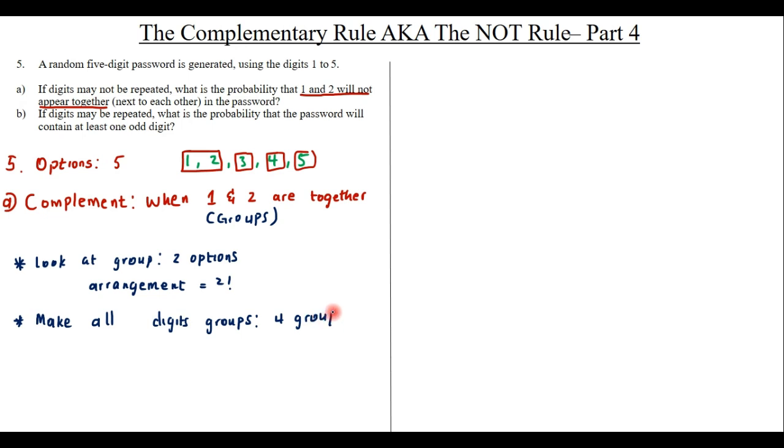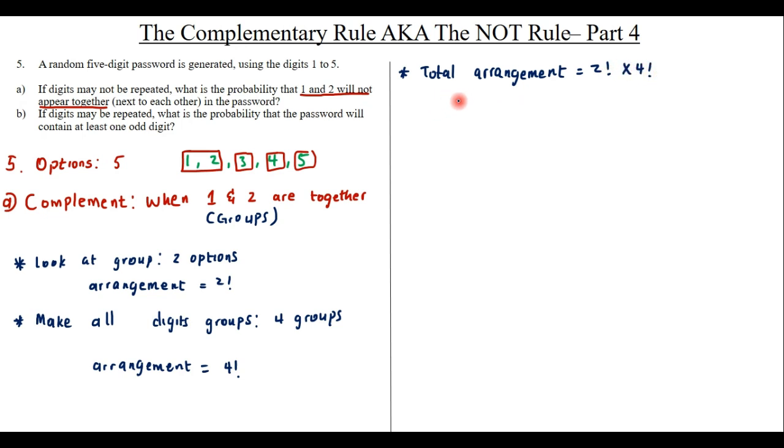So the arrangement for this will be 4 factorial. Then the total arrangement will be 2 factorial multiplied by 4 factorial.